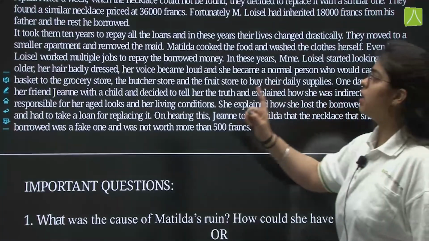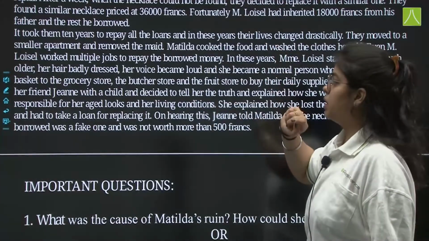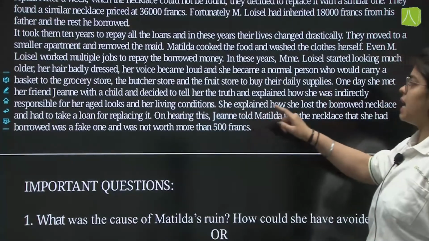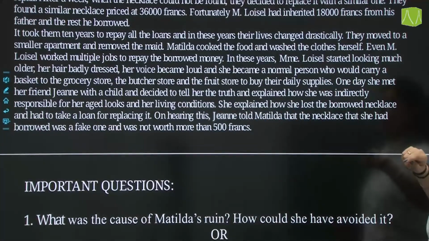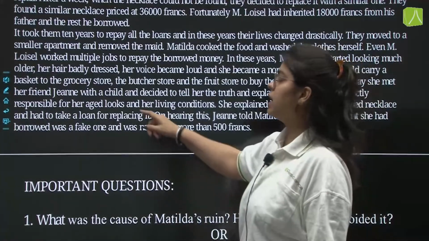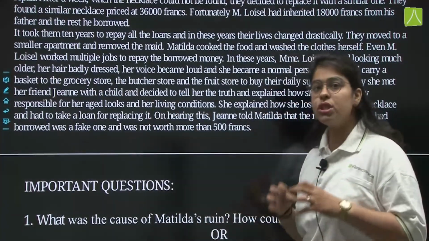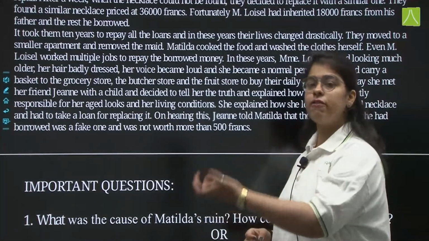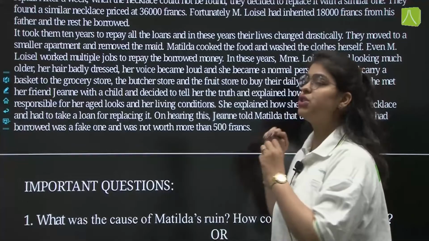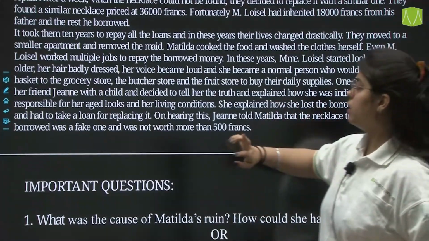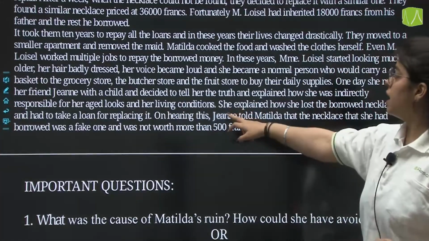One day she met her friend Jeanne Forestier with a child and decided to tell her the truth and explain how she was indirectly responsible for her aged looks. She wanted to make Madame Forestier feel guilty for her living condition.